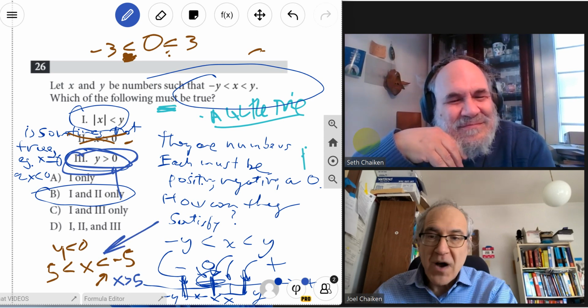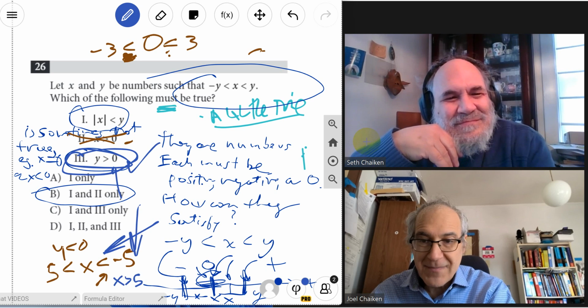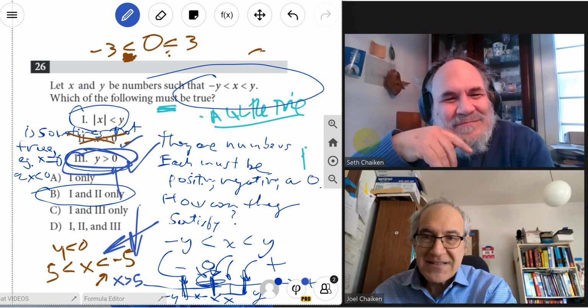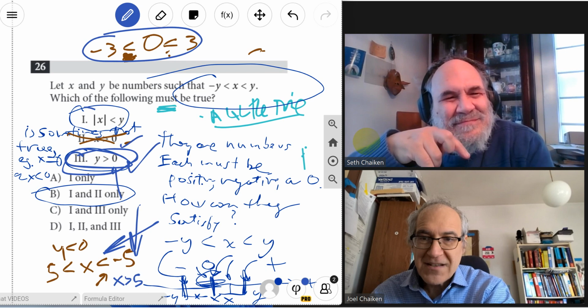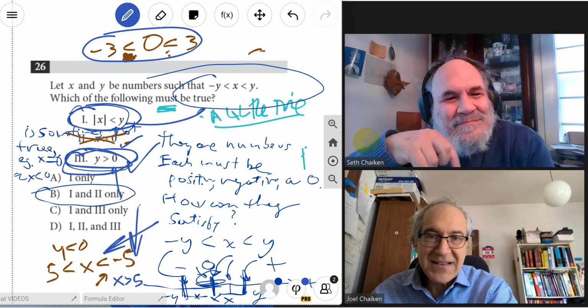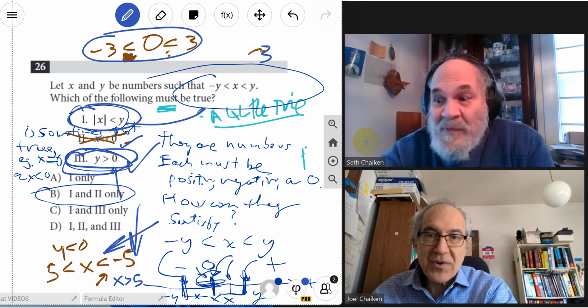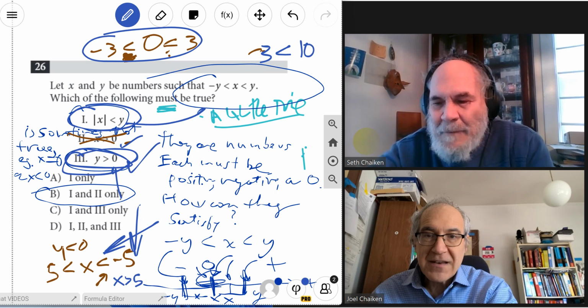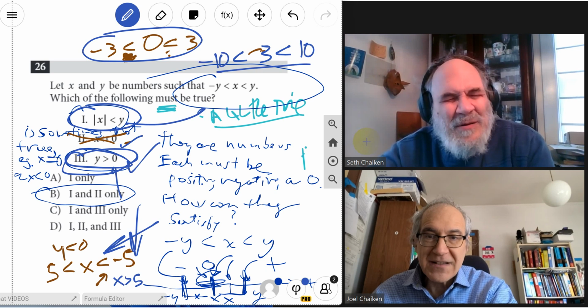I assumed it was less than 0 and got nonsense. This basically says that X is between Y and negative Y, like 3 is between 10 and negative 10, which makes a lot of sense.